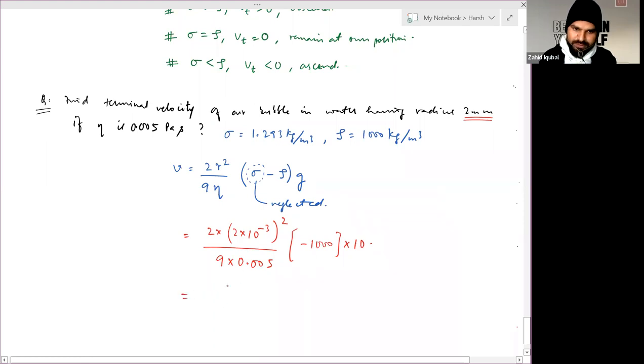On solving, you will say 2 into square of 2, 4, and square of 10 to the power minus 3, you will get 10 to the power minus 6. Negative sign, keep it outside, 10 to the power plus 3 into 10, divide by 9 into 0.005, you may write 5 into 10 to the power minus 3.